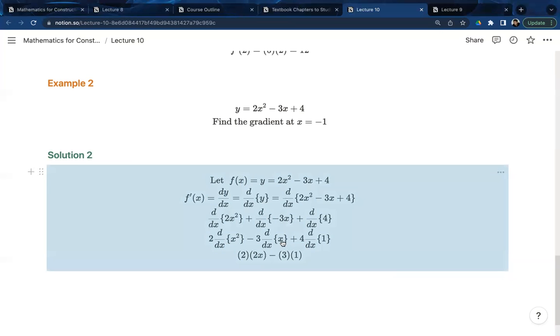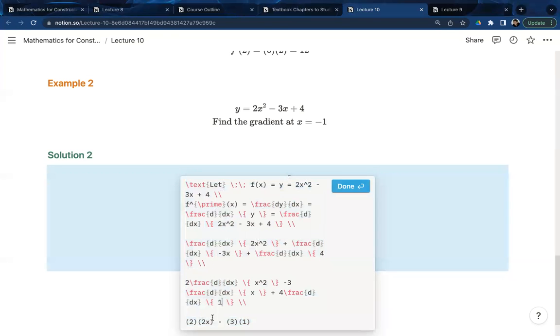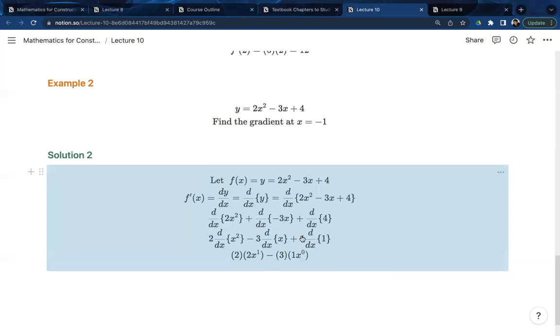The derivative of x is 1 because the power is 1. So you get 1 in front by x to the power 0. We apply the rule, and plus 4.